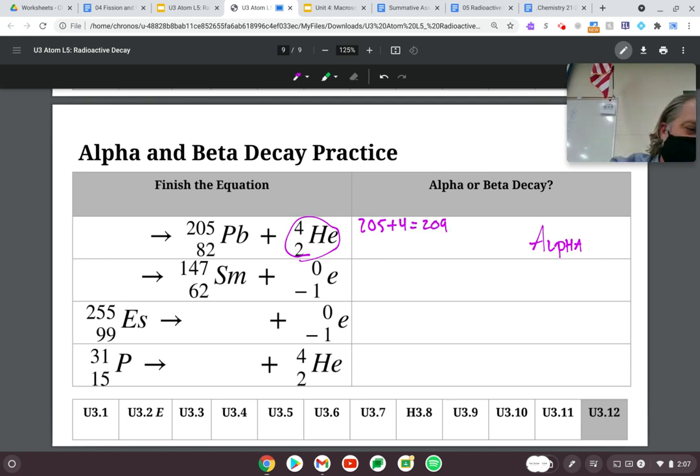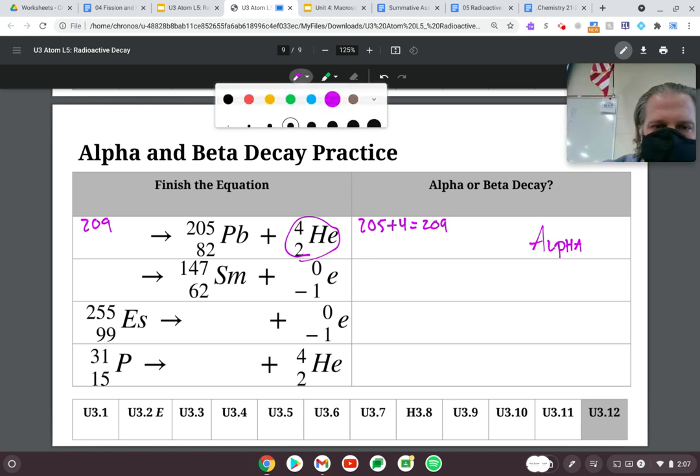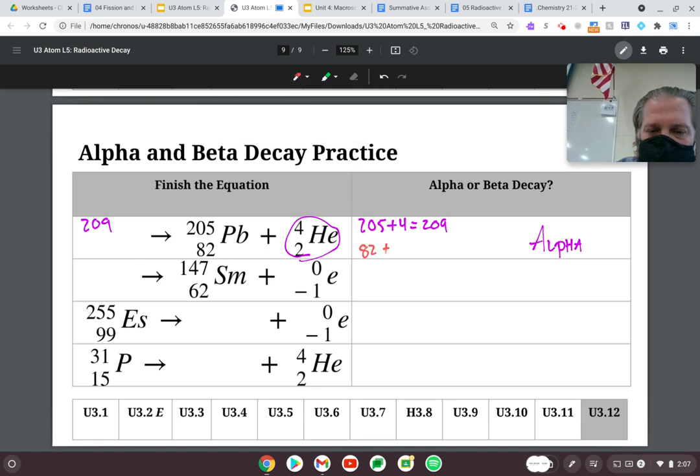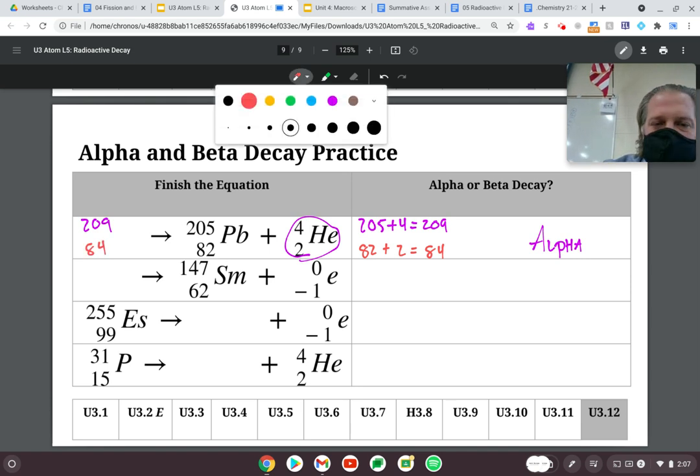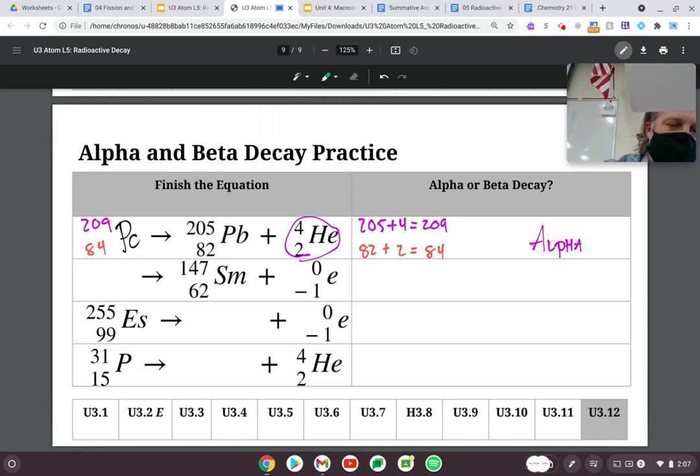So that means on the left side, the mass number is going to be 209. The atomic number on the bottom is going to be 82 plus 2, or 84. So I'm going to have 84 for my atomic number for my new element. And when I locate my new element on the periodic table, I locate element number 84, which happens to be polonium, which is Po.